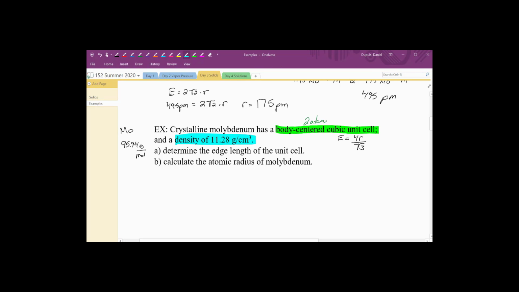And that density is 11.28 grams of molybdenum per 1 centimeter cubed of molybdenum. So it's going to be almost the exact same thing, except I'm not starting with 4 atoms. I'm starting with 2 atoms because I'm body-centered. So 2 atoms of molybdenum multiplied by, well, we know there is 6.022 times 10 to the 23rd atoms of molybdenum in 1 mole.